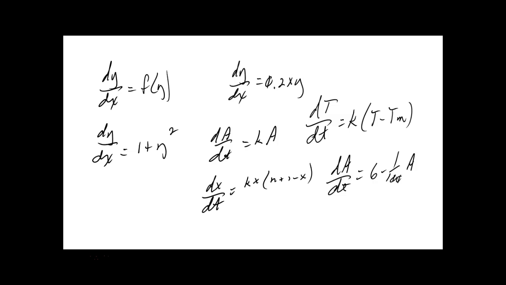Now, let's say we have those functions, okay, that f of y. The zeros of that function, f of y, or whatever it's a function of, only the dependent variable.